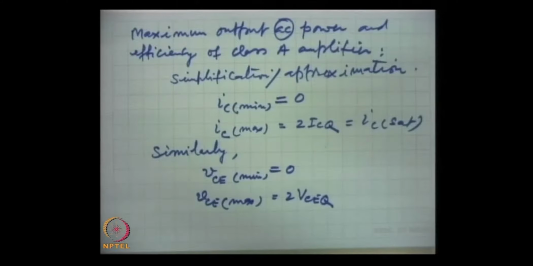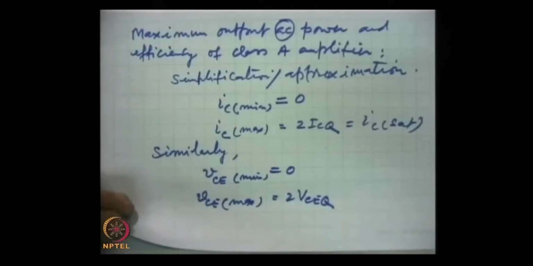What these simplifications mean is that the whole region of the output characteristics has been slightly extended a little towards the cutoff, which we have included in the active region, and a small portion of the saturation region also now becomes part of the active region.